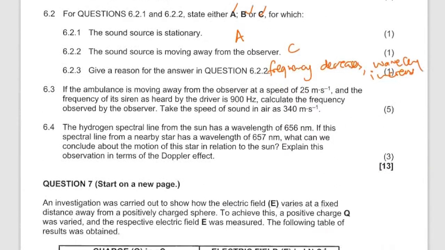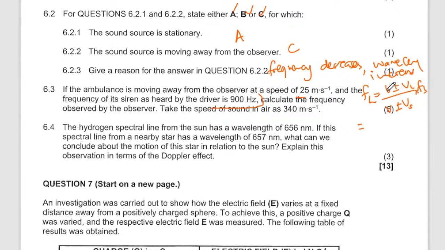Then 6.3, they're telling us that an ambulance is moving away from the observer at this speed, and the frequency of the siren that is heard is at this frequency. One thing we know about the Doppler formula is that the frequency of the listener is equal to v plus or minus v of the listener over v plus or minus velocity of the source, times the frequency of the source.